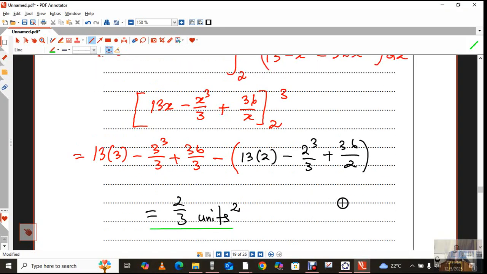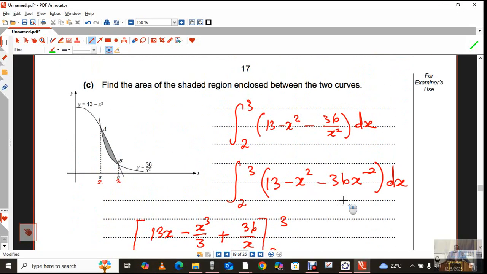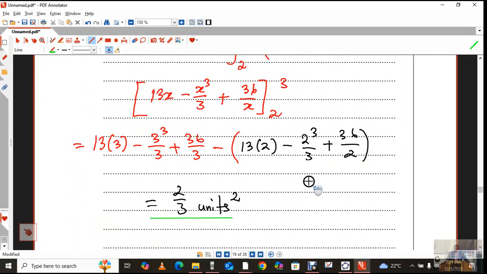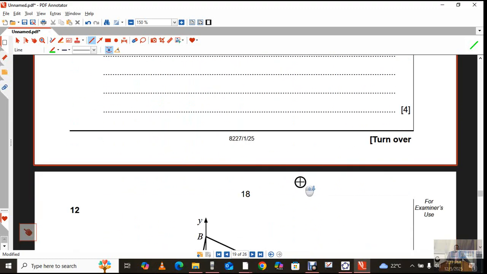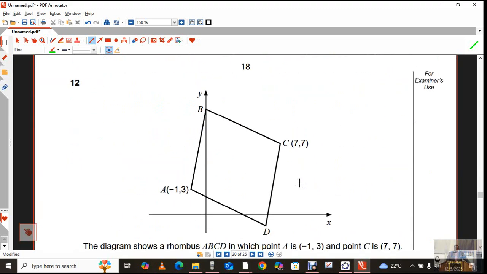Right, there's a lot in there, but it is what it is. And of course, it should not be very difficult for you, once you know what it is that you are doing, to just go ahead and solve that. This brings me to the very last question of this paper 1. So do be on standby for paper 2.